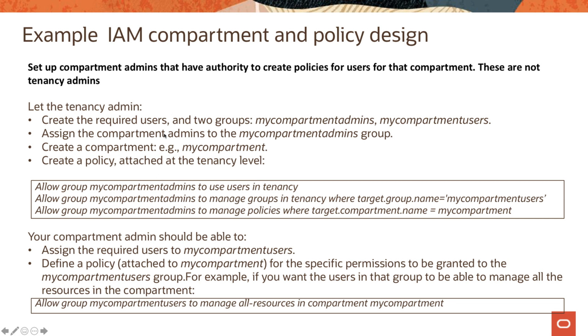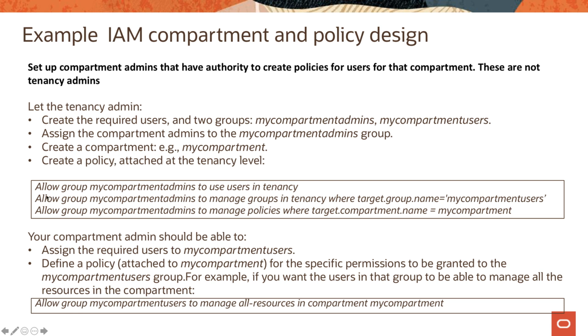So you create that compartment, and the admins that you want in this example belong to the my compartment admins group, and any other users that want to use the compartment called my compartment are made part of the my compartment users group. So we have a compartment, we have two groups, and the admins belong to this admins group, the users belong to this my compartment users group.